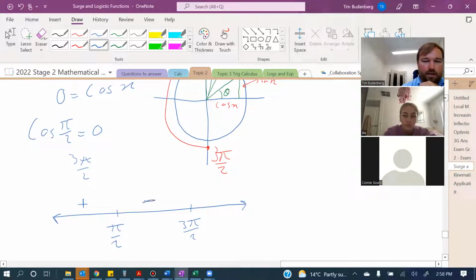Cos of π is -1. Then I would sub in the other extreme, 2π. Cos of 2π is positive 1. And therefore you will have a maximum at π/2 and a minimum at 3π/2.